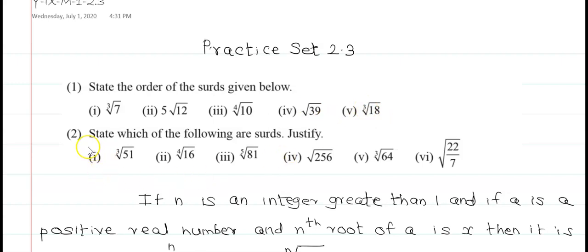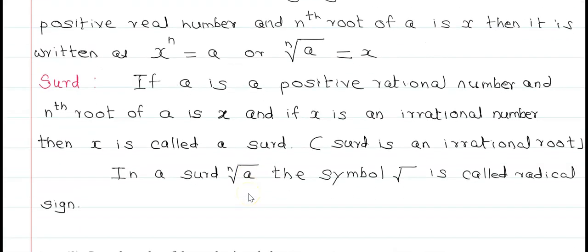Now next is, state which of the following are surds and justify your answer. Now this is the definition of the surd: if a is a positive rational number and the nth root of a is x, where x is an irrational number, this is important, x is an irrational number, then the nth root of a is called a surd.